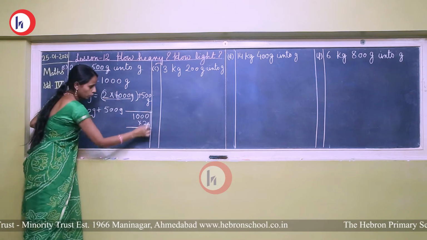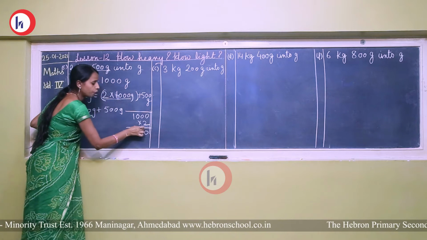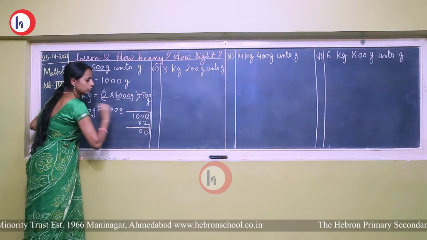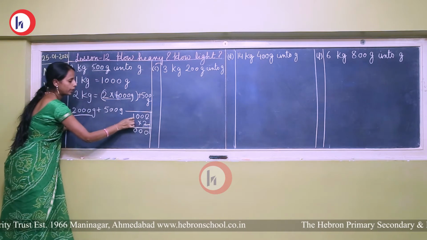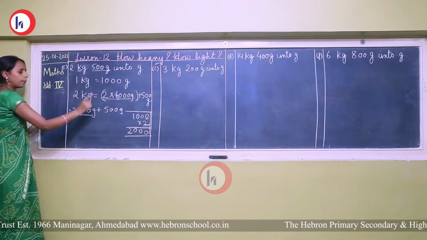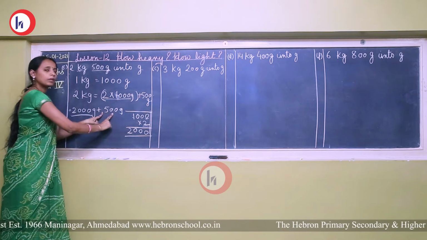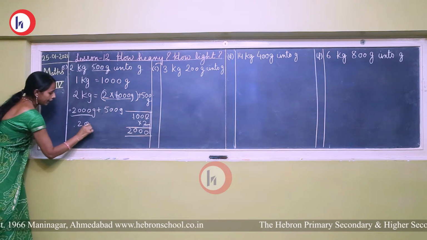2 multiplied by 0, 0. Then 2 multiplied by 0, 0. Always start from ones place. That way, okay. 2 multiplied by 0, 0. And 2 multiplied by 1 is equal 2. So answer is 2000 gram plus 500 gram will be here. Okay. So 2000 plus 500 gram we have to add.